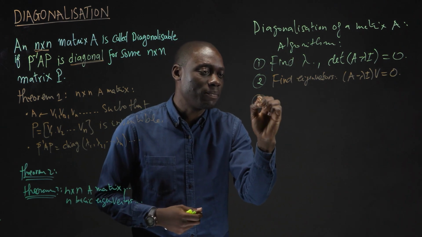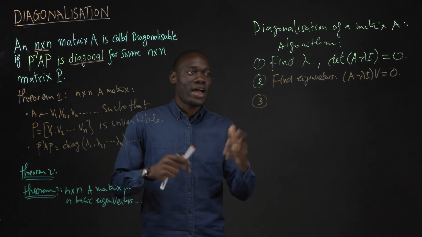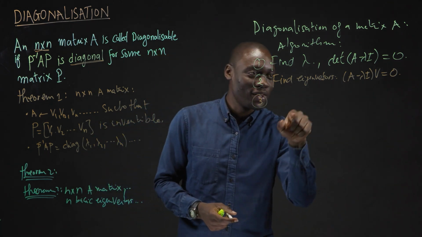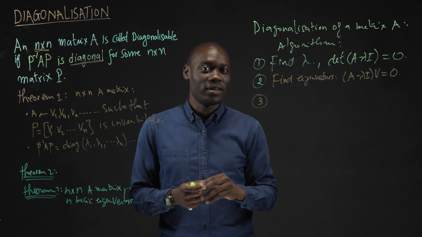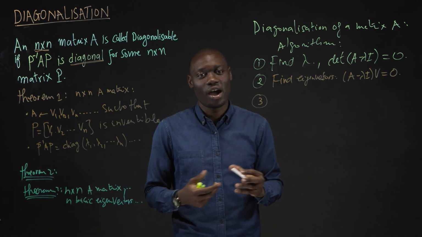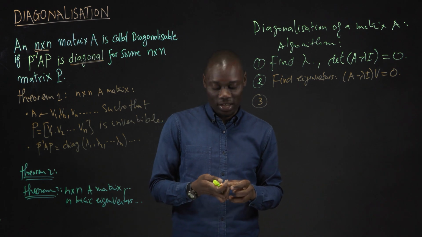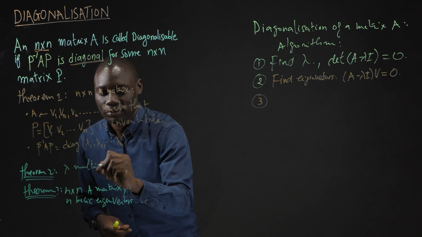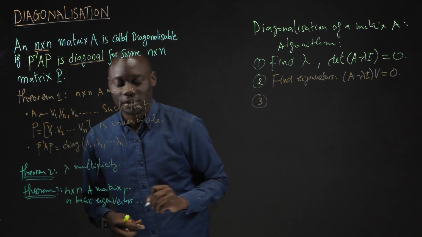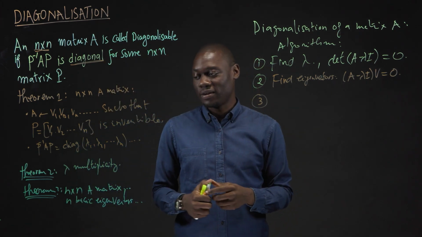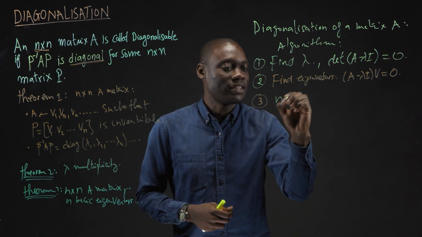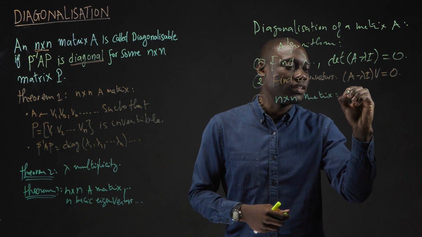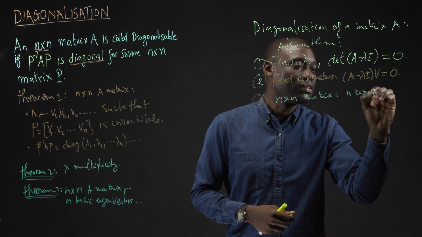And at the third step, you have to check if your matrix A will be diagonalizable, and how do you do that? You first have to check the multiplicity of lambda, and then you also have to check that the n times n matrix will yield n eigenvectors.